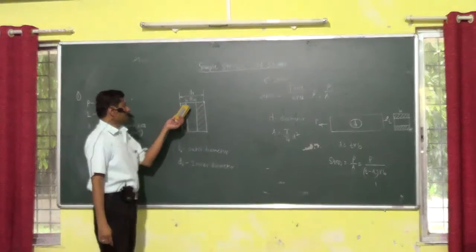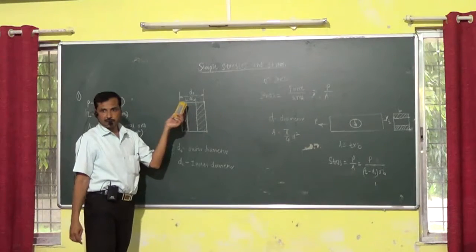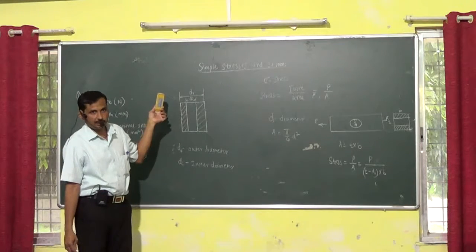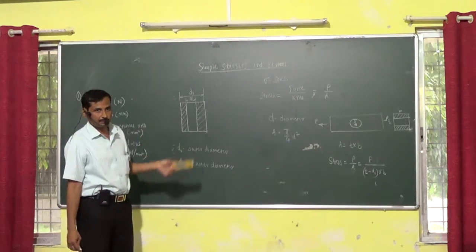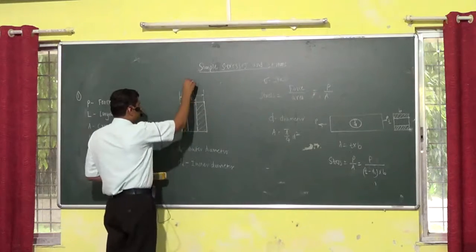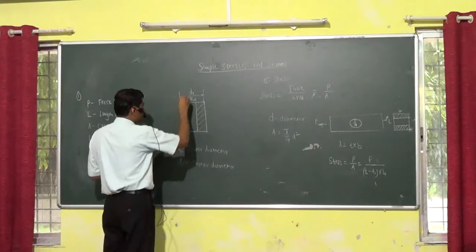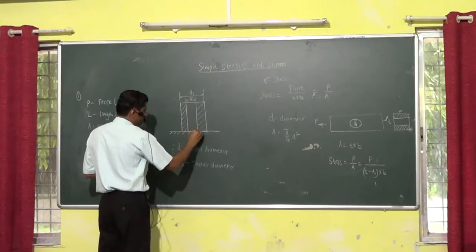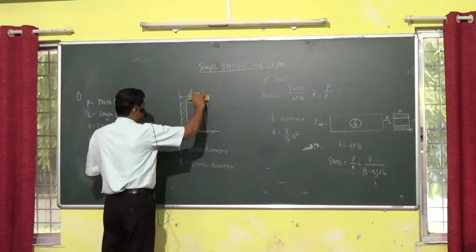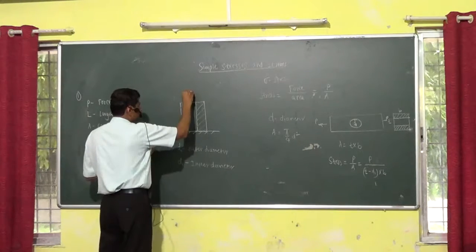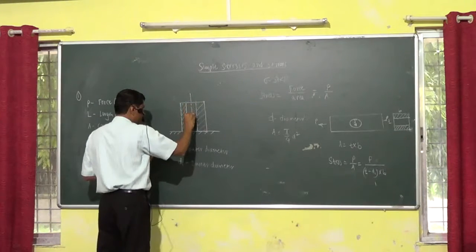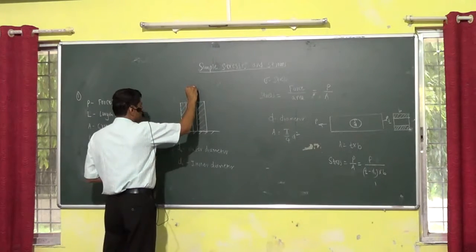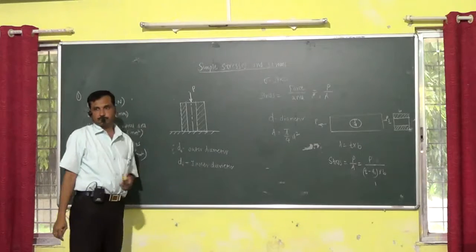Then for this hollow pipe with DO as outer diameter and DI as inner diameter, suppose we apply a force, and the nature of this force is compressive. I am considering this force along its axis, if this is the axis of the pipe, and it is compressive in nature.